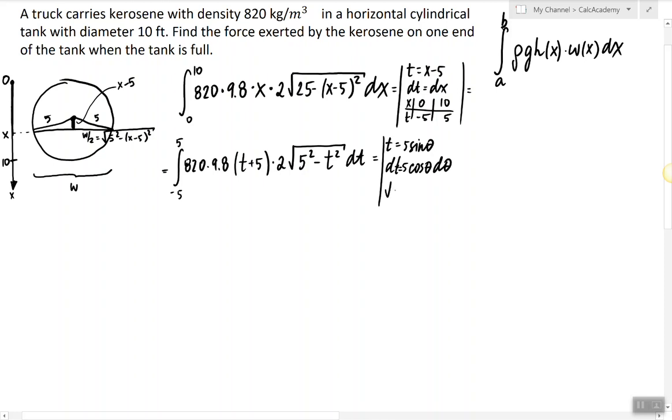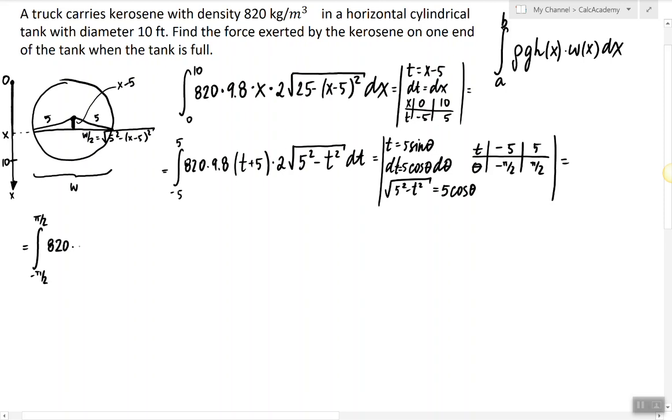Then the square root of 5 squared minus t squared is going to be 5 cosine theta, and the limits of integration will be from negative pi over 2 to pi over 2. And after this substitution, the integral becomes from negative pi over 2 to pi over 2.